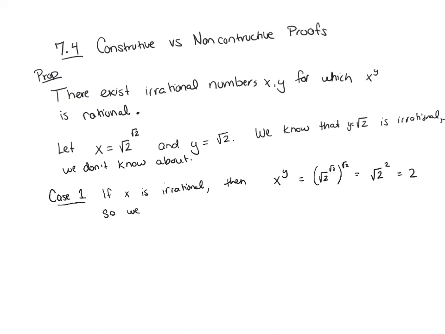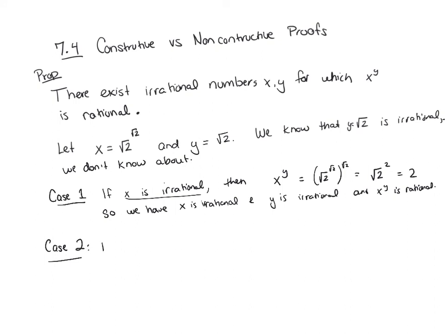So we have x is irrational by assumption, and y is irrational because it's the square root of 2, and x to the y is rational, as we just showed. But we don't actually know whether or not that case is true, so we have to consider the complement case, where x is rational.